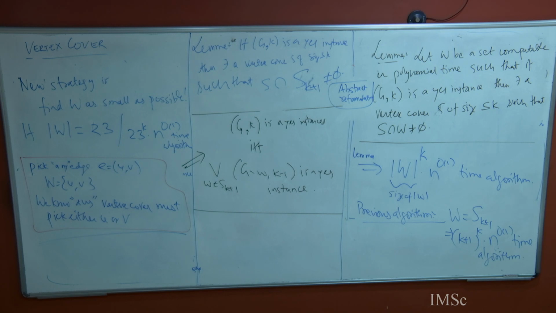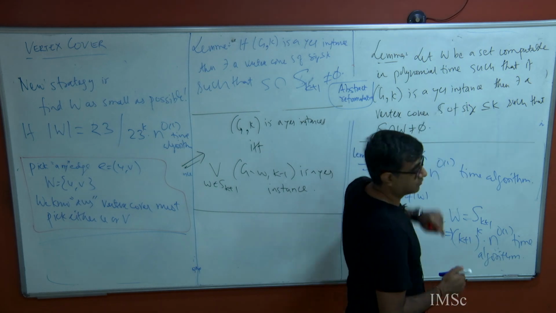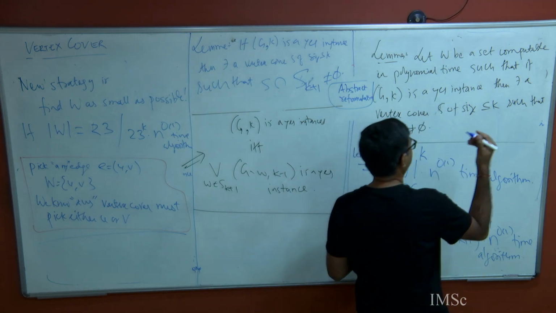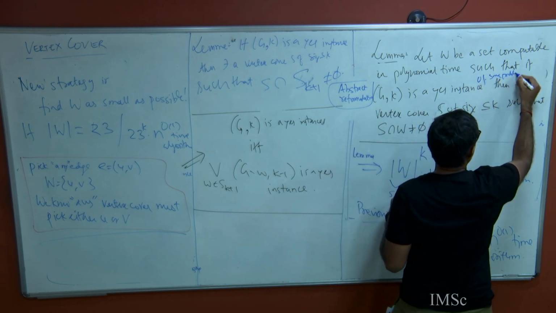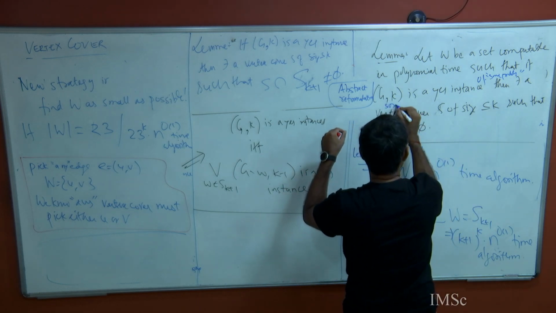Remember my lemma. It has nothing to do with vertex cover; for any problem, if you can prove such a lemma, you will have an algorithm. I never even wrote a problem name. If G, k is a yes instance of some problem, I do not even know which, then there exists some solution.